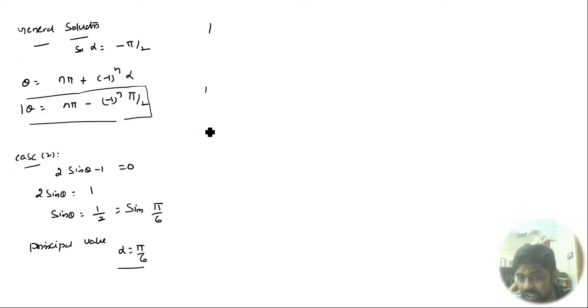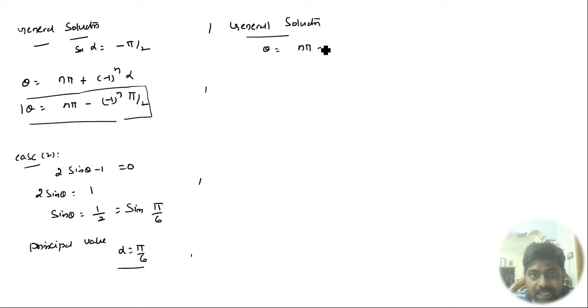Therefore the general solution, since it is a sine function, we write theta equal to n pi plus minus 1 whole power n into alpha. Just we substitute the value of alpha.